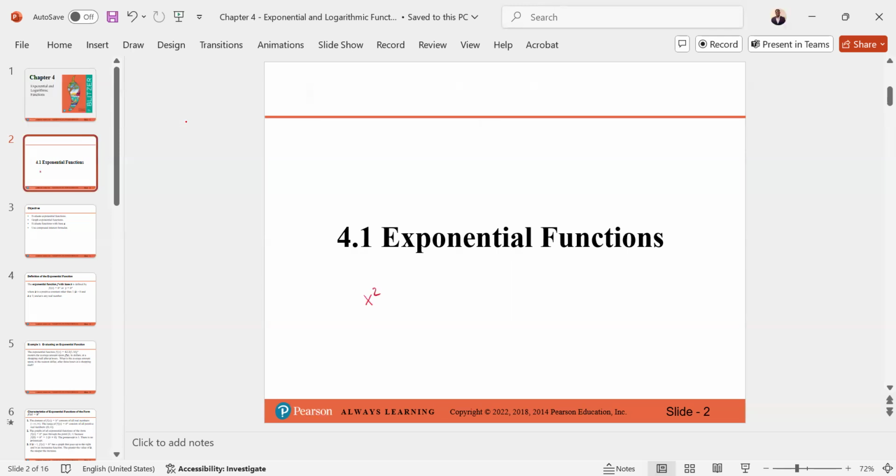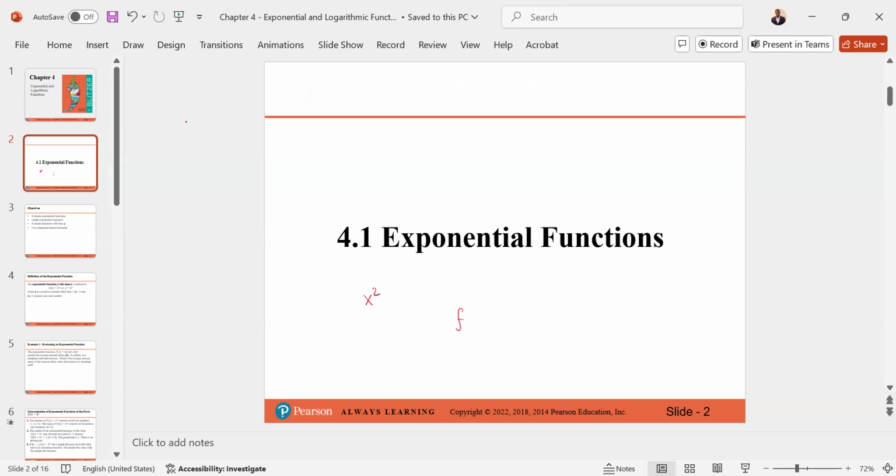Let's say, for example, if I have x power 2, I can say x power 2 is an exponential expression, but that's not an exponential function. Exponential functions usually is when the exponent has a variable.